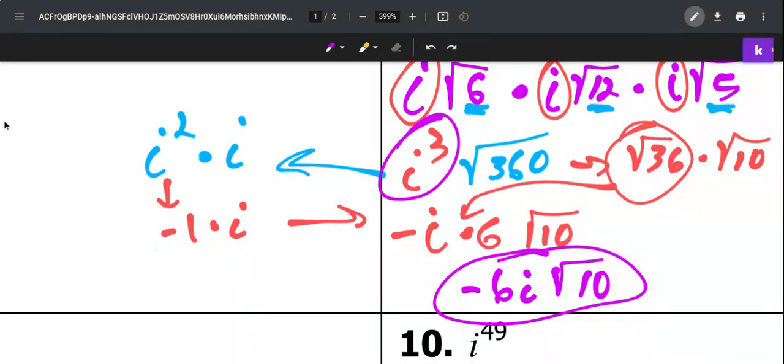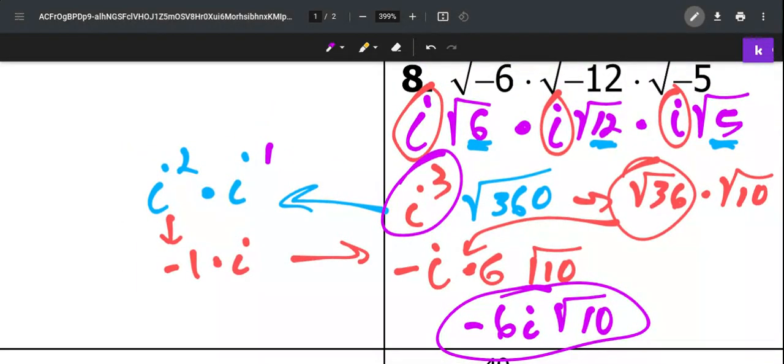In this case, the only way we could do this is i squared times i to the first, because when I do my rules of exponents, I would add the exponents and get back to i to the third. So we're really just expanding that out. And then we can replace i squared with negative 1. And then in this case, negative 1 times i is just negative i.